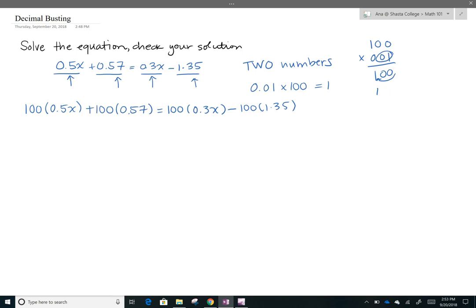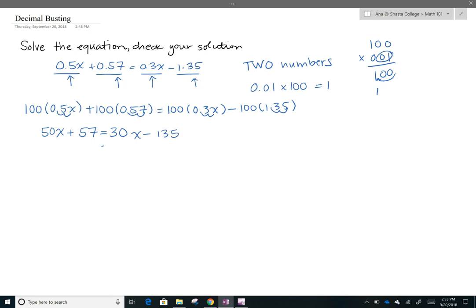This is going to cause my decimals on each of these terms to move twice to the right. I've got 50x plus 57 equals 30x minus 135. And now I'm in terms of just integer values.